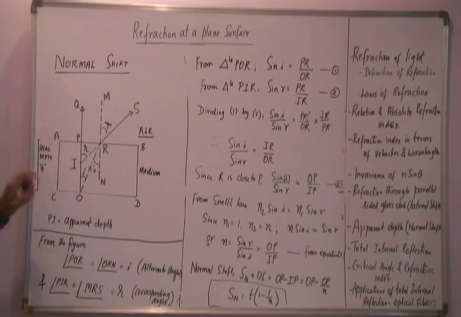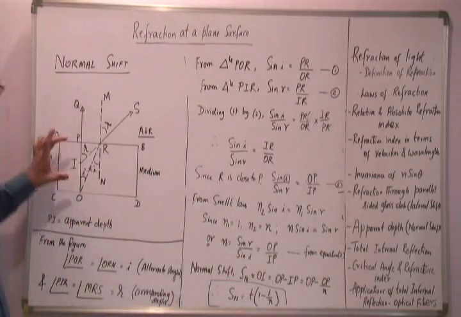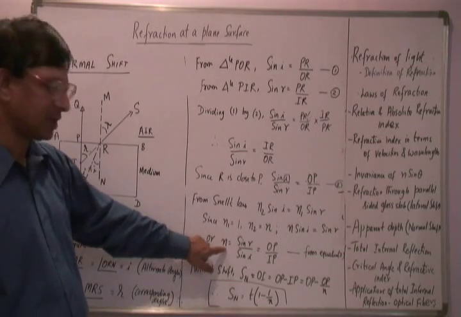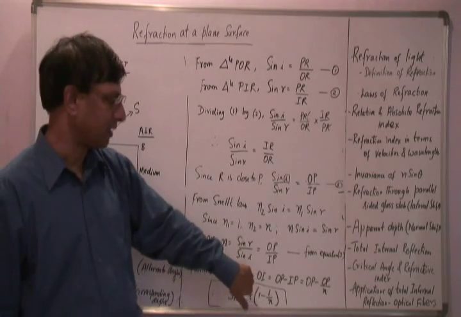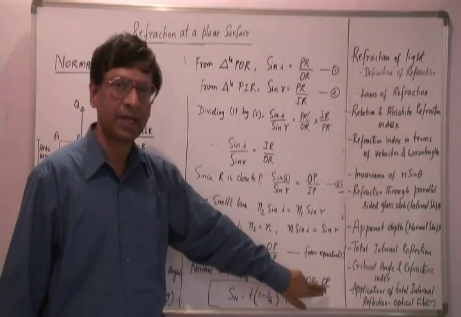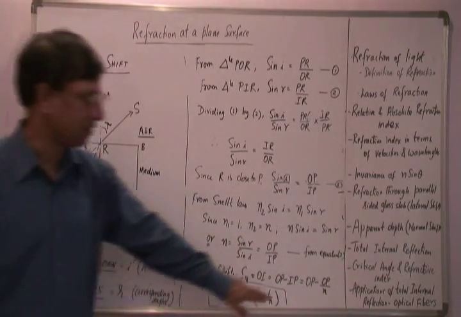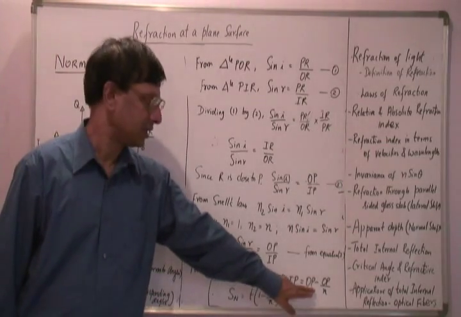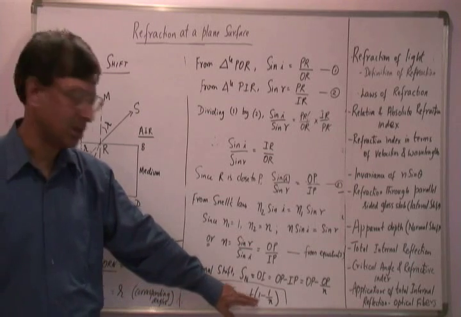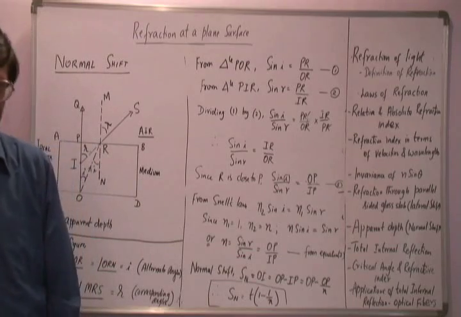So OP has a value T. So therefore I have OP minus PI, where I express IP in terms of the refractive index. Therefore I find Sn is equal to OP minus IP, the same as OP minus OP divided by N, where N is the refractive index. Or if I simplify that or replace T for OP, I find that Sn is equal to T into 1 minus 1 divided by N, where N is the refractive index.